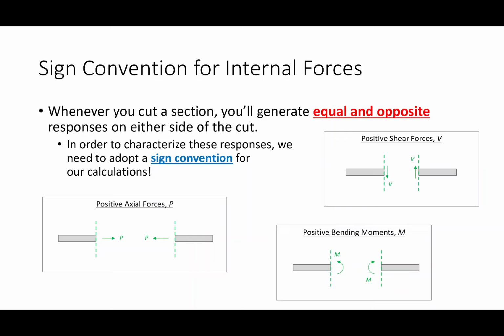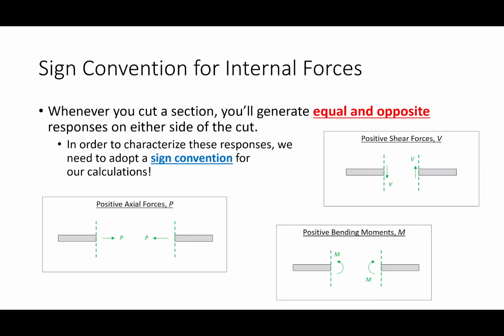I'll be frank, it's not really going to matter today, but it is going to matter a whole lot when we draw shear and moment diagrams. You probably remember this from statics, but we utilize a graphical approach to construct shear and moment diagrams, and that graphical approach assumes that this is our sign convention. So we do need to respect it in order for that graphical approach to work.